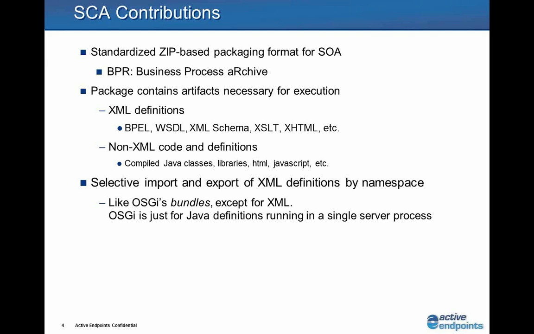This is similar to OSGI's mechanism for using for bundles and how bundles can depend on other bundles. It's just that it's really oriented around XML definitions, whereas OSGI is around Java definitions, and specifically Java definitions running in a single process.